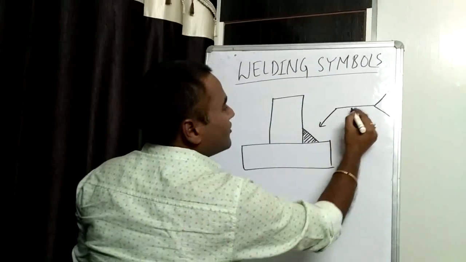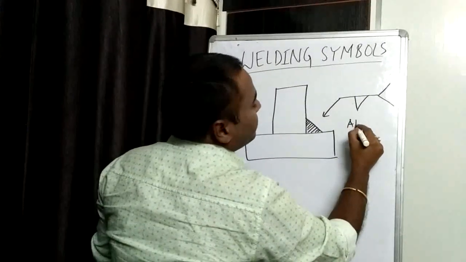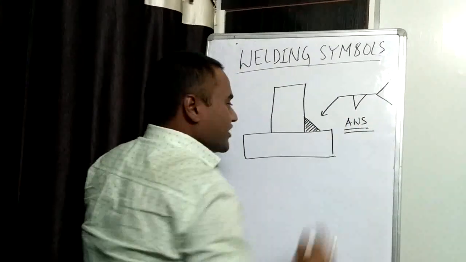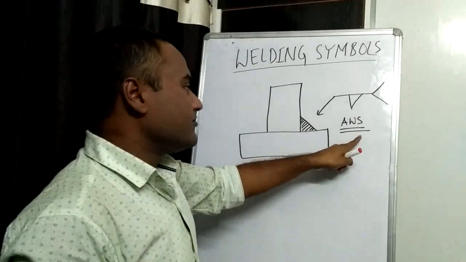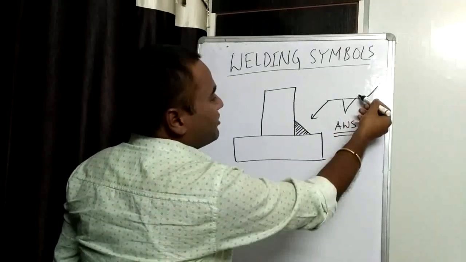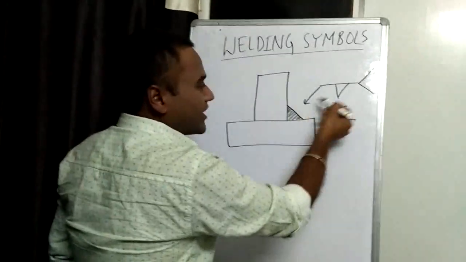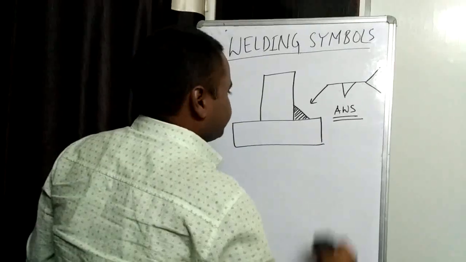For arrow side, joint symbols shall be given below the reference line as per AWS. According to American Welding Society, the elementary symbol shall be given below the reference line for the arrow side.